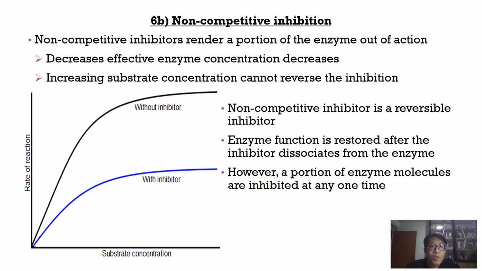If you draw a graph showing the change in the rate of reaction with increasing substrate concentration for a reaction with a lower enzyme concentration, this is what you get. The graph with the non-competitive inhibitor is similar to the graph with a lower enzyme concentration, because again, the effect of the inhibitor is a decrease in the effective enzyme concentration.